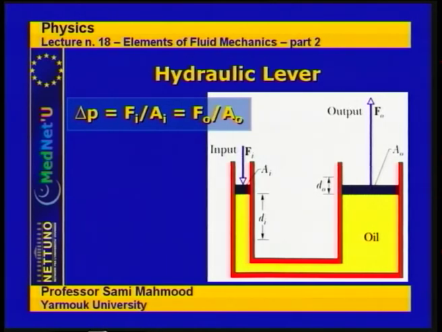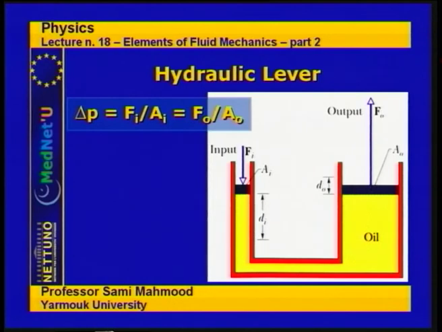Since this pressure change that is a consequence of our input force is transmitted to all parts of the fluid undiminished, as the principle states, then this very pressure, delta P, will be transmitted to the other end at the output piston.